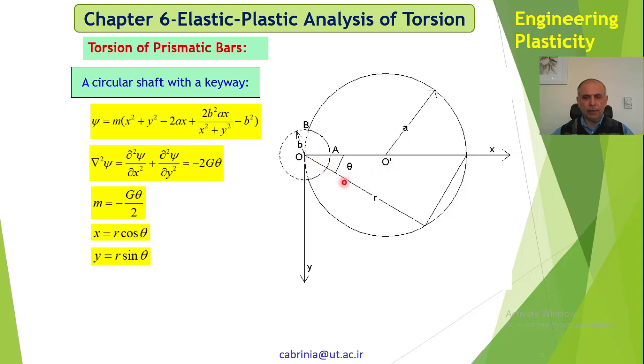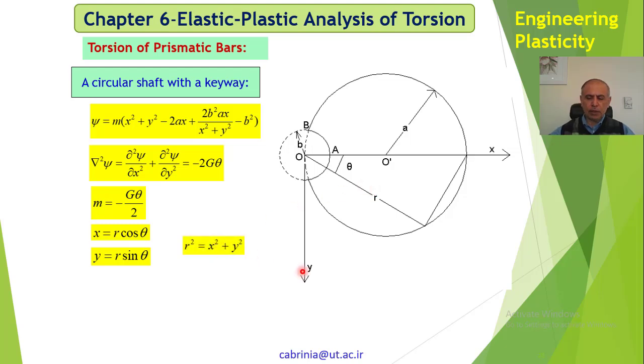Here x and y, that is 0, that is the origin. So we could get x is r cos theta and r sine theta also is y.